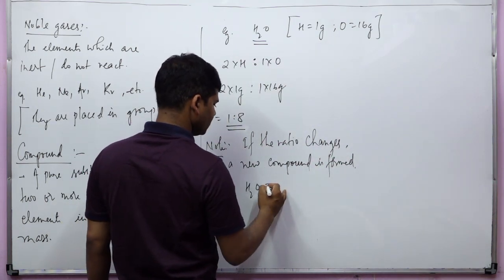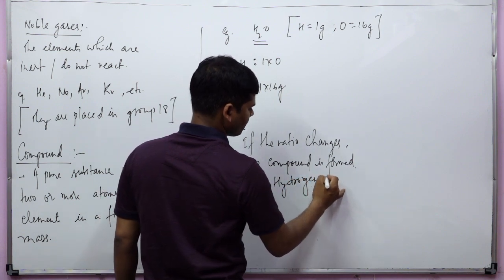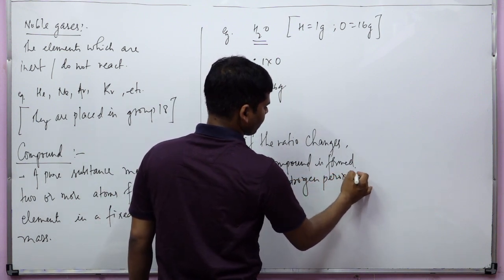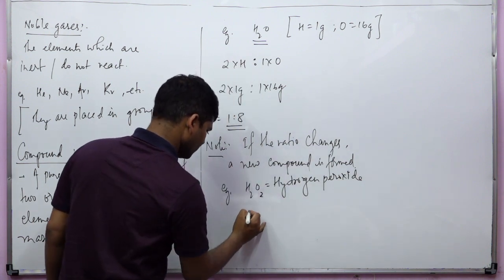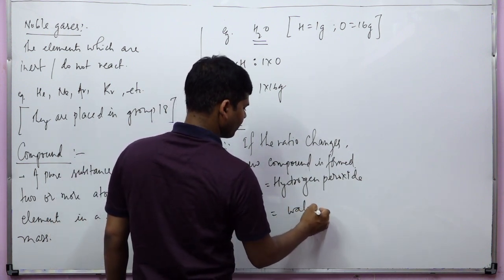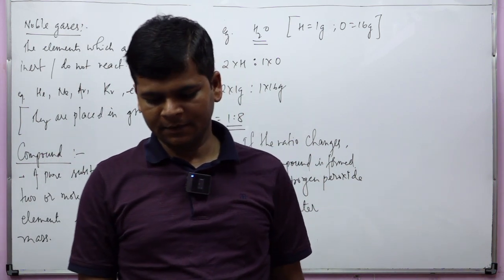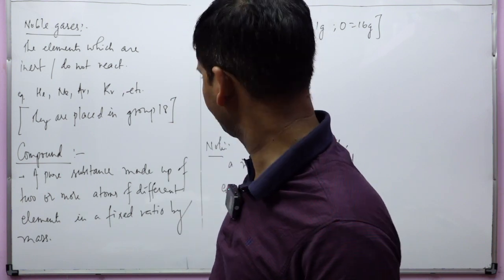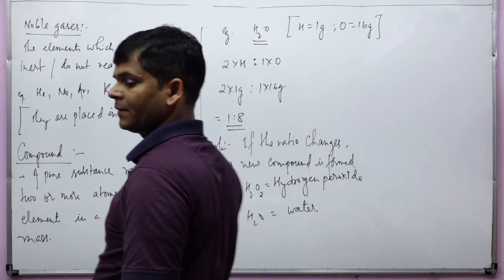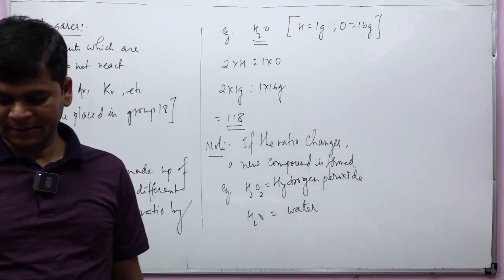H2O2, this is hydrogen peroxide. And H2O is water. So if you try to change the ratio, a different compound is formed. So the definition of compound also we have completed.